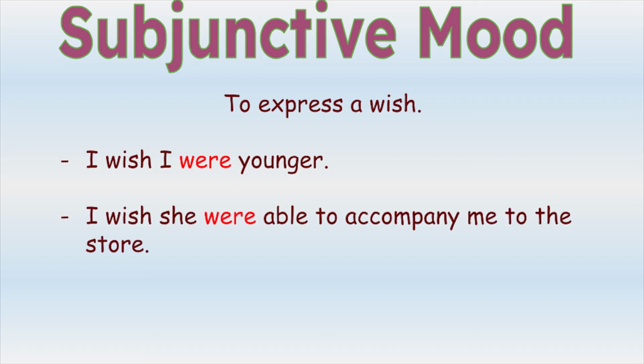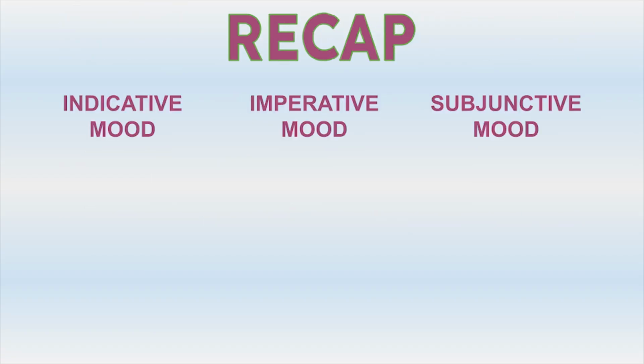Here is another example. I wish she were able to accompany me to the store. Here again, the third person singular she is used with the verb was, but in the subjunctive mood, the third person singular is used with the past tense were. I wish she were able to accompany me to the store.